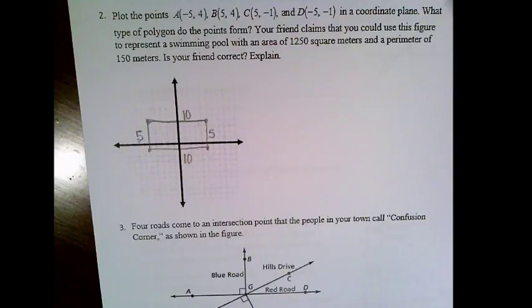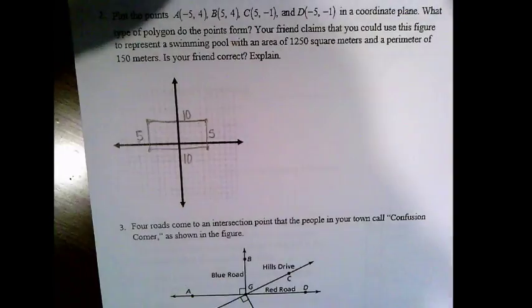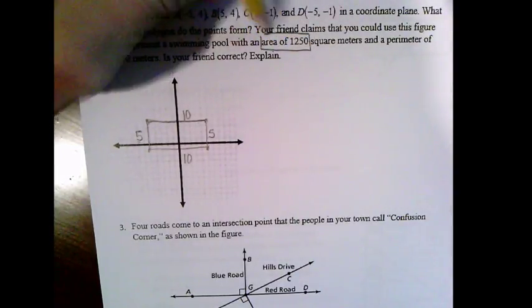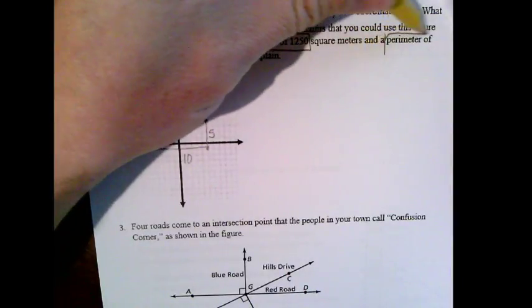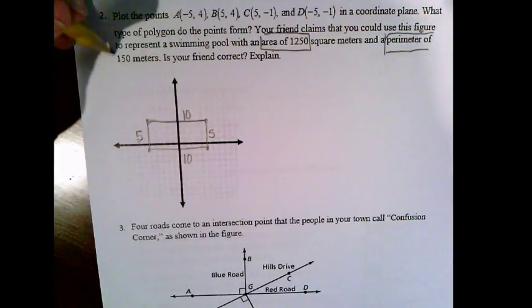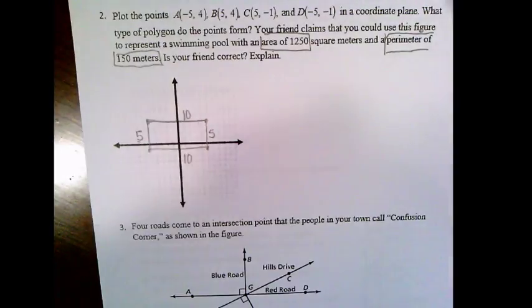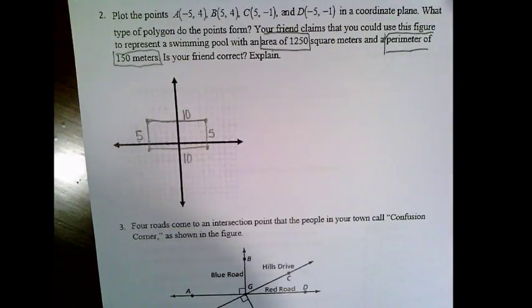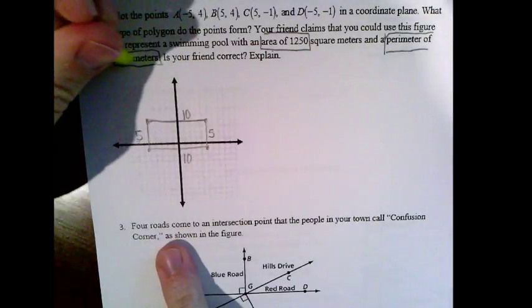So, can somebody pop on there in your comments? It says your friend claims that the rectangle has an area of 1250 and a perimeter of 150. So somebody tell me what they would do in the comments to find the area and the perimeter. See if this highlighter works.